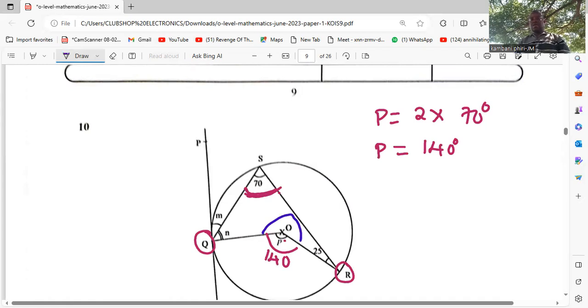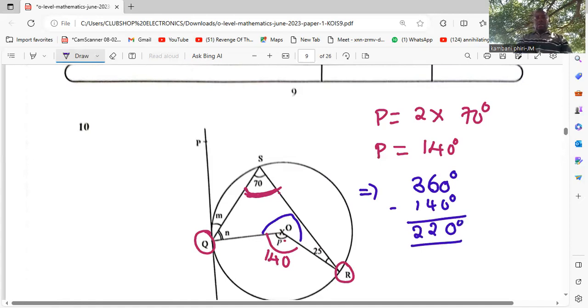Because of N here, we'll say a complete turn is 360 degrees. So this implies that when we say 360 degrees minus 140 degrees, here we have got 220 degrees.